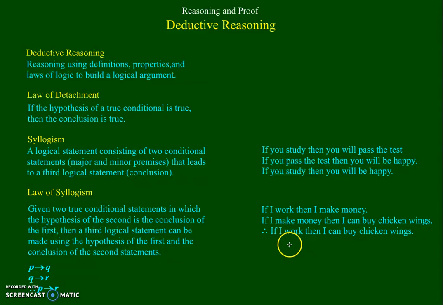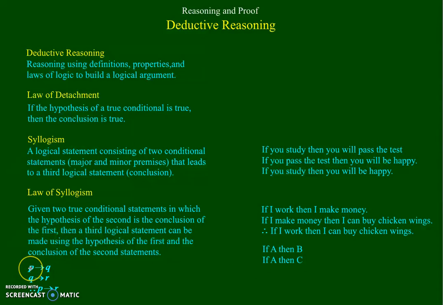Now I'd like to look at a basic example that shows where the law of syllogism does not apply. Here we have two conditional statements. Hypothesis A leads to conclusion B, but conclusion B is not the hypothesis of the second statement. Therefore, we don't have a valid use of the law of syllogism.